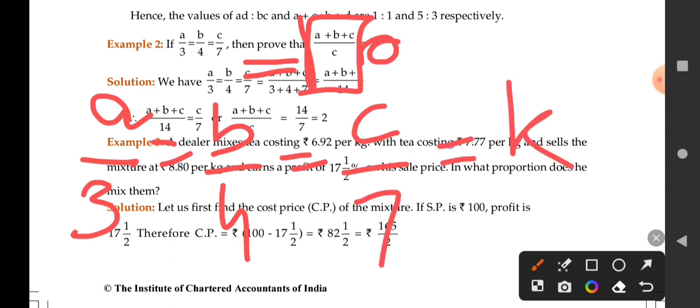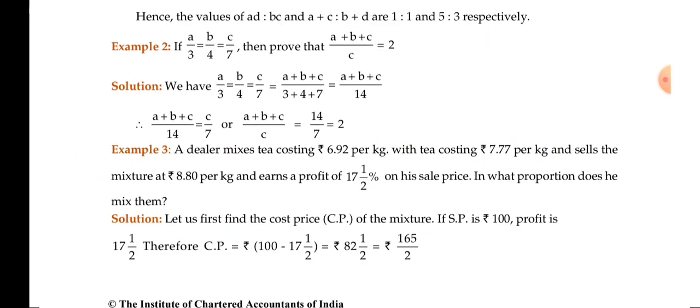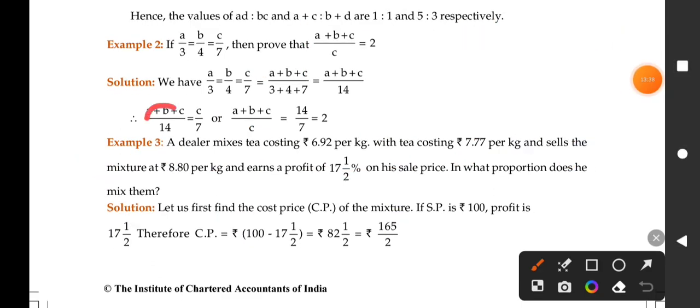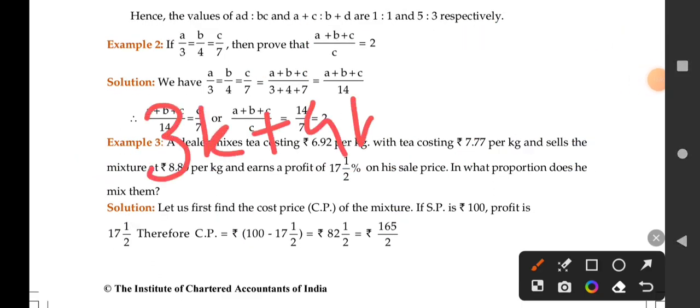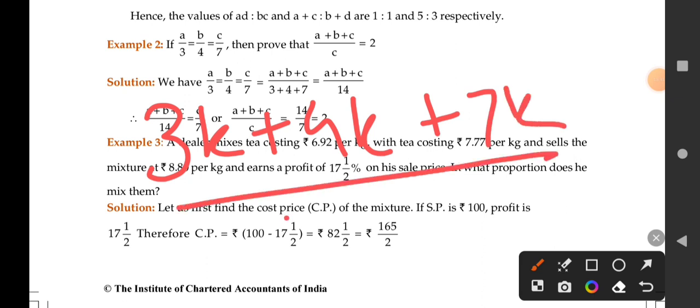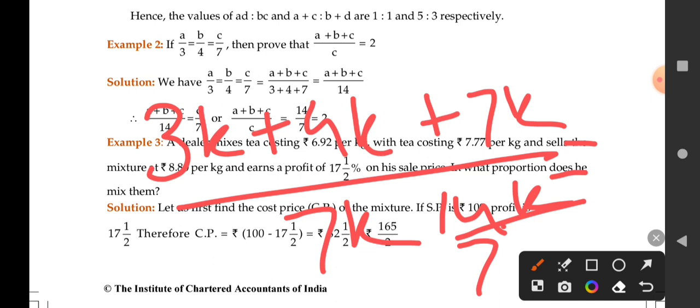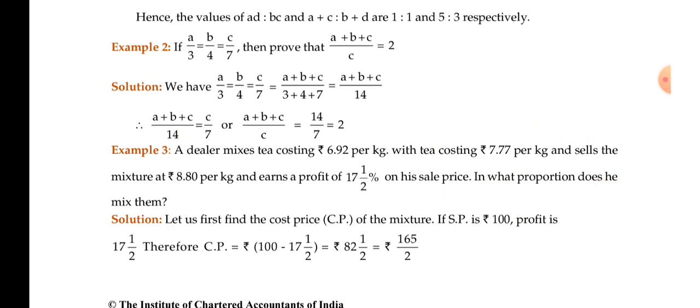Suppose it is equals to K. So A is 3K, B is 4K, C is 7K. So A plus B plus C is 3K plus 4K plus 7K divided by 7K, which is equals to 14K divided by 7K, which is equals to 2. Hence proof.